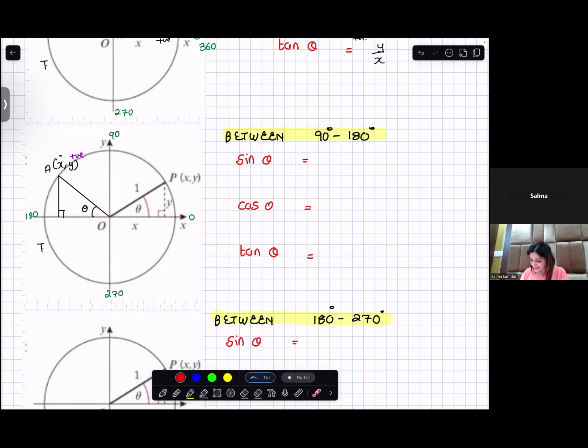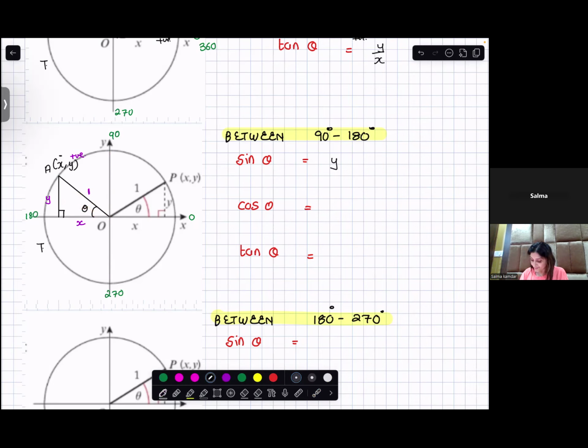Let's talk about sine theta. This is 1, this is x, and this is y. Sine theta is opposite upon hypotenuse, it's always the y coordinate, so it would be y.